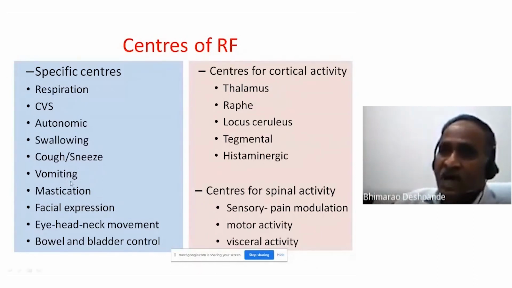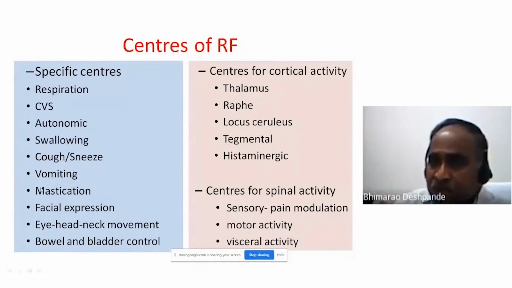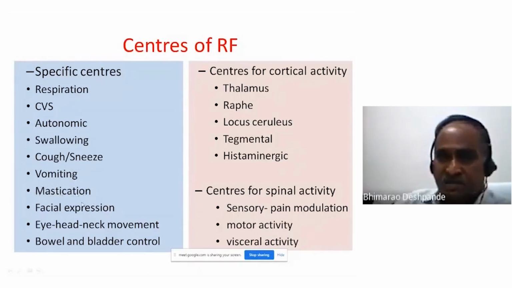And that is closely associated with the swallowing center. We have the mastication center, that is again even before the masticatory muscles. All the masticatory muscles are the trigeminal and facial and hypoglossal. They are in one go. So that means the masticatory muscles.